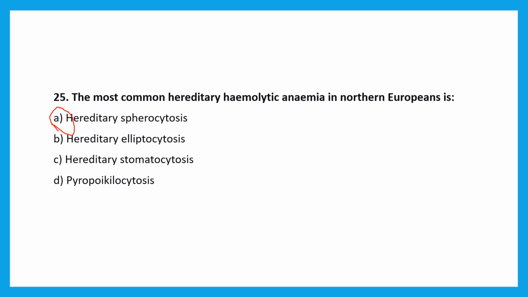That is a bit specific. From your notes, you are able to review that there is an incidence of about 1 in 2,000 people of Northern European descent. So A is the correct answer.